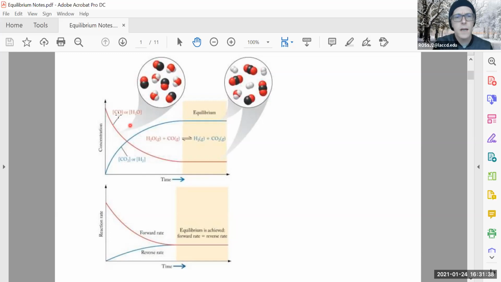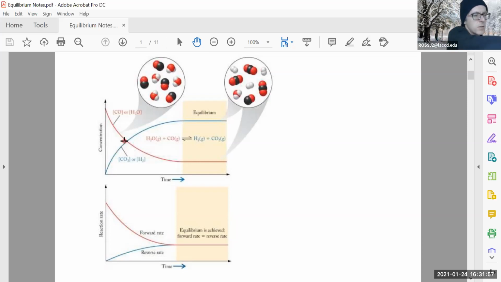As soon as you start the reaction at time 0, the molar concentrations of reactants CO and H2O decrease, and then the molar concentrations of products CO2 and H2 increase.